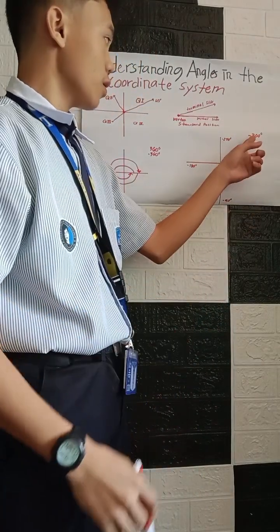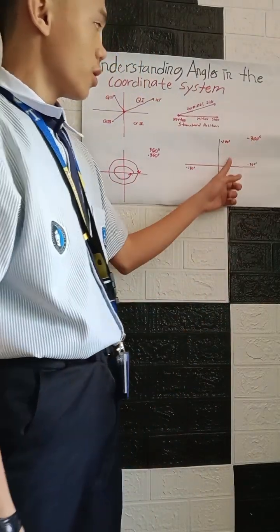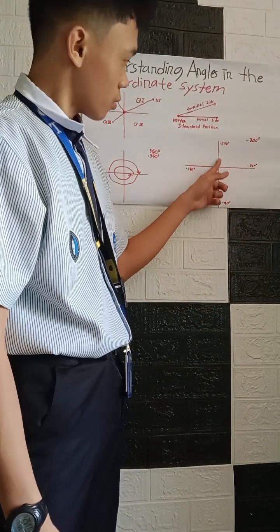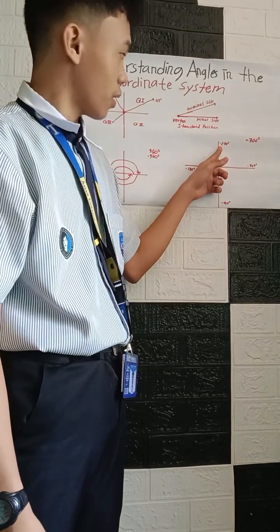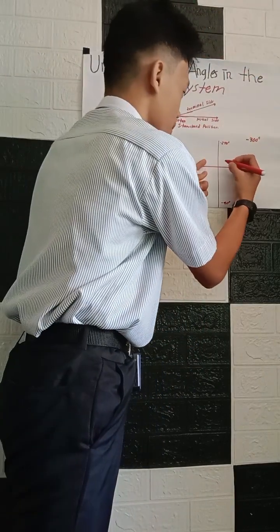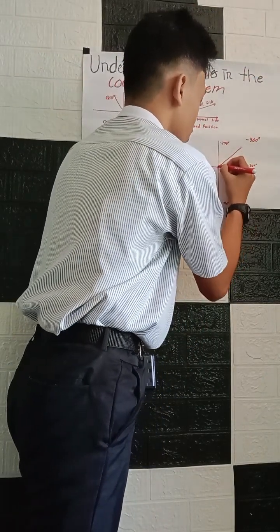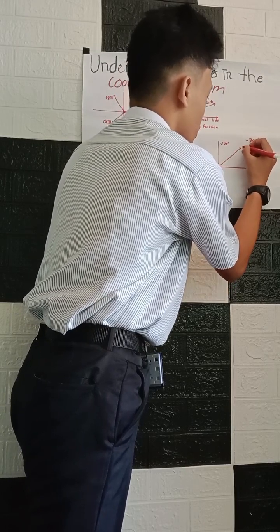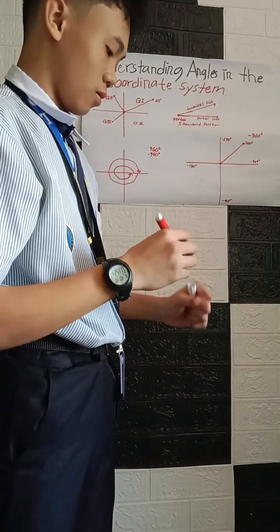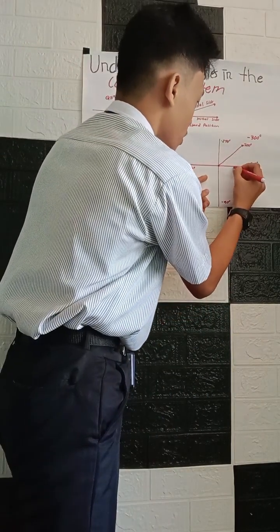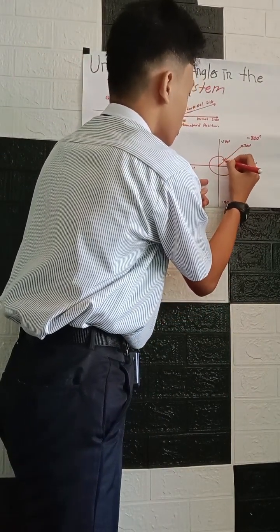Before Quadrant 1 is 270 degrees, so 270 degrees plus 30 degrees is equal to 300 degrees. So our angle in the origin is measured at negative 300 degrees.